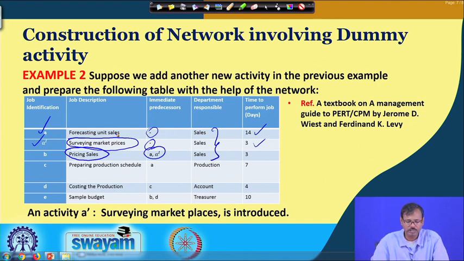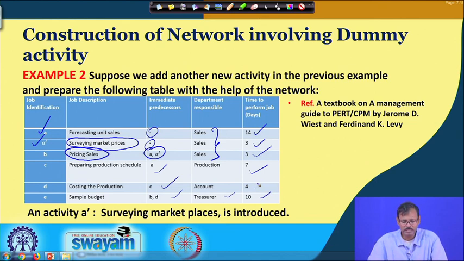The next jobs are also known to us, and for that 3 days are given to the sales department. Then production scheduling needs the forecasting of sales and the production department is given it. Costing is given to the accounts department, which needs the production schedule, and the budget is given to the treasurer, which needs 10 days.